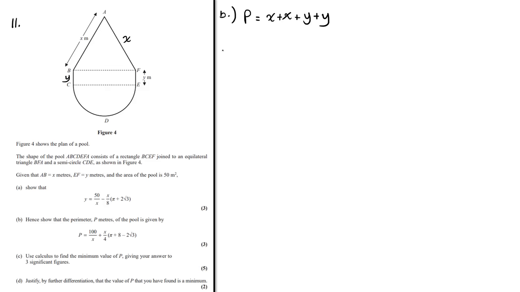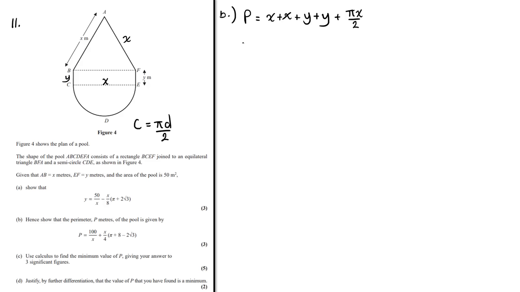Well, for a circle, the circumference is equal to pi times the diameter, so pi d. So the circumference that we want here, we're just going to divide by 2. We know the diameter here is x, so that's simply going to be pi x over 2. So plus pi x over 2.